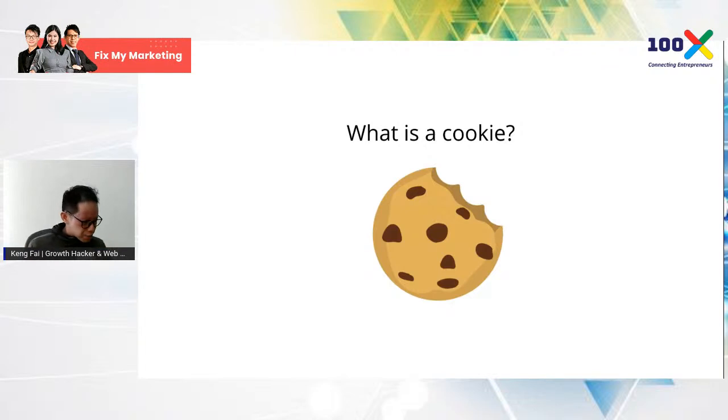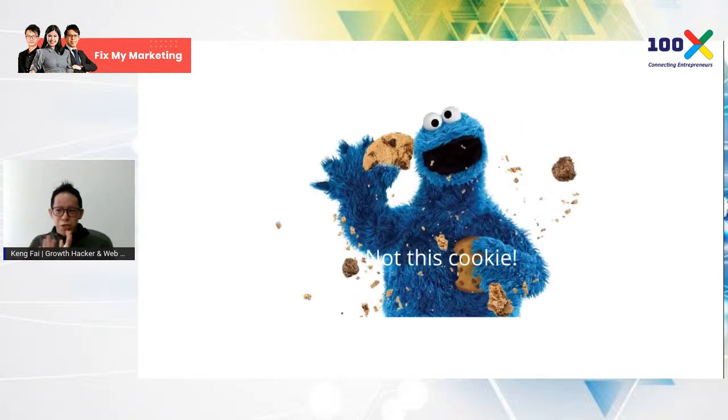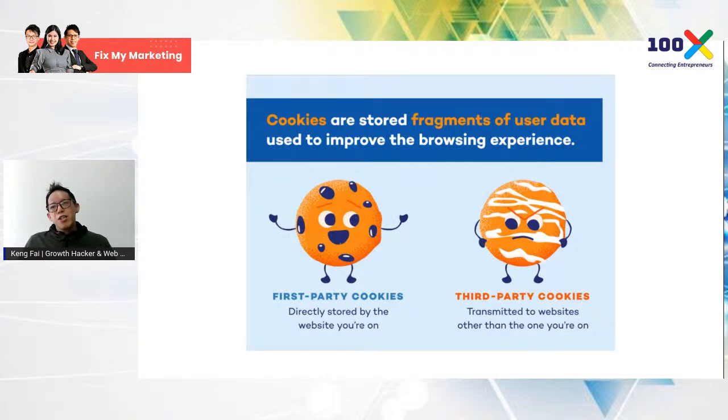Okay, a lot of you asked what actually is a cookie. Is it like this cookie right here? We are not cookie monsters, we don't eat cookies. Cookies are basically just information stored in your browser to know who you are and to track what you did. You go to a lot of e-commerce websites, and how do they know what's in your cart?